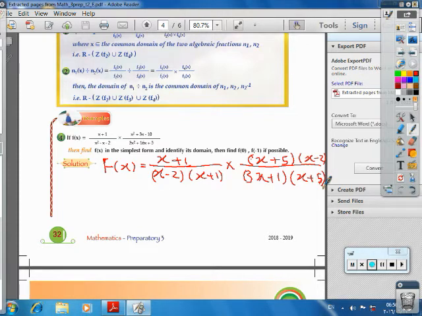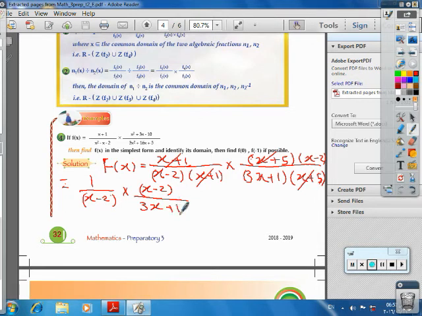Okay, now we can cancel brackets: x plus 1 with x plus 1 in the first fraction, x plus 5 with x plus 5 in the second fraction. Now the numerator is 1 over denominator (x minus 2) times (x minus 2) over (3x plus 1).